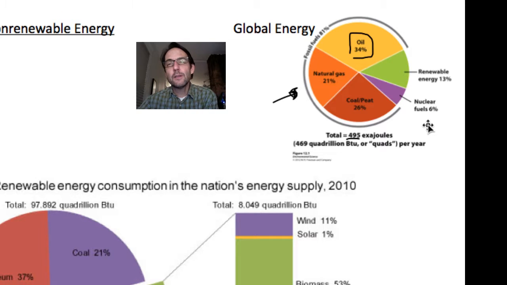Remember, we talked about joules in chapter 2. That's a measurement of energy. An exajoule is 1 billion gigajoules, and 1 gigajoule is 1 billion joules. All the conversions are explained in the outline for the chapter, so you don't need to memorize all that.